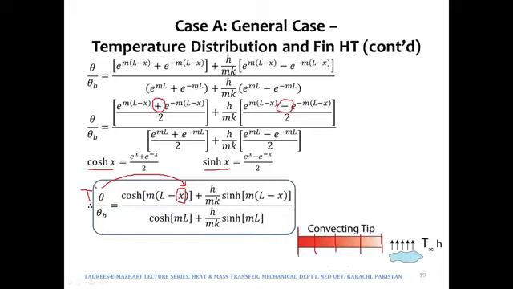Now are we finding out the temperature distribution for the very first time in chapter number 3? No. We have found out the temperature distribution in the case of plane wall, in the case of cylindrical coordinate system, in the case of spherical coordinate system, and now we are doing the same thing for fins. Temperature distribution was linear in the case of plane wall.